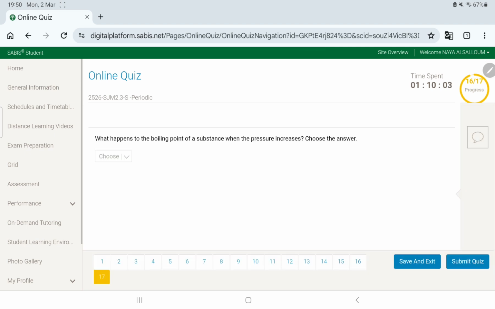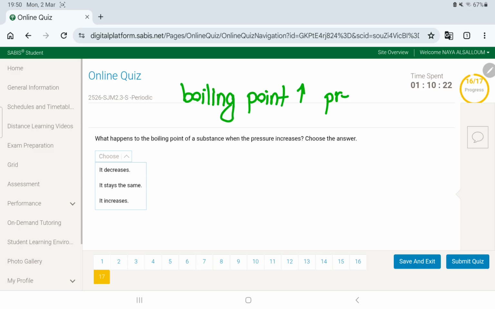And finally, the last question: what happens to the boiling point of a substance when the pressure increases? Now, guys, here you just need to know this. The boiling point increases when the pressure increases, and the boiling point decreases when the pressure decreases.